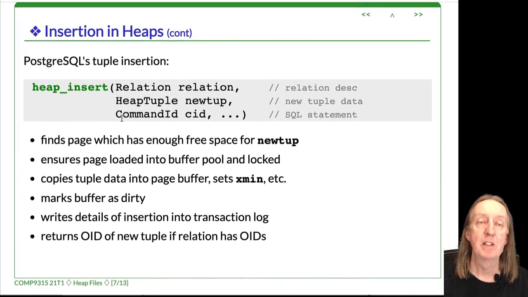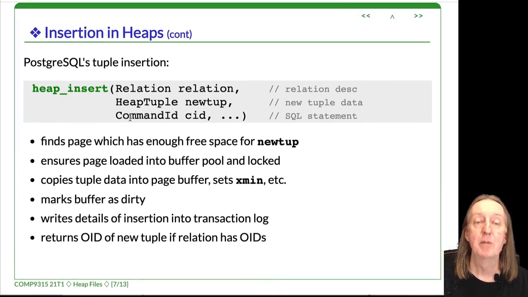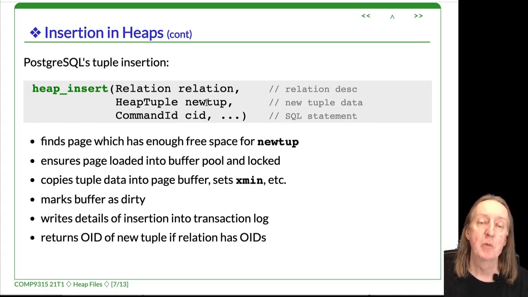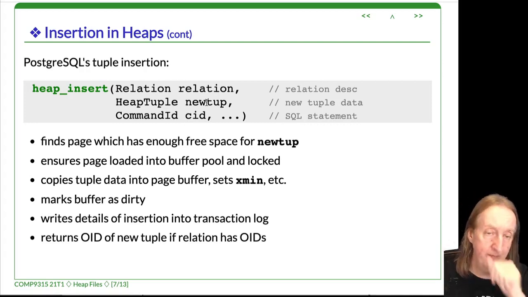There are actually a number of extra attributes, but one thing that we need to store is the ID of the SQL statement, not the statement itself, that's actually doing this insert. That's required so that we know when the tuple was created.